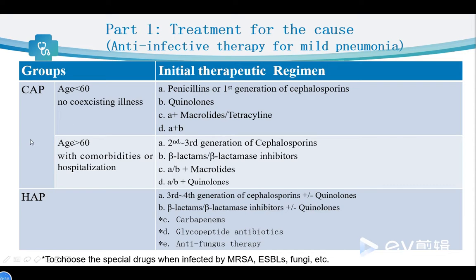But if the patient has CAP with old age or with comorbidities or hospitalization, we usually choose other generations of cephalosporins and other penicillins with beta-lactamase inhibitors, or a combination of these antibiotics to enhance the effect against gram-negative bacteria.